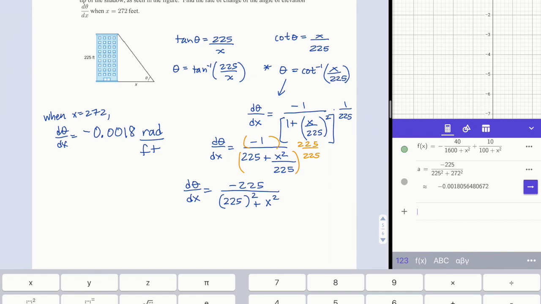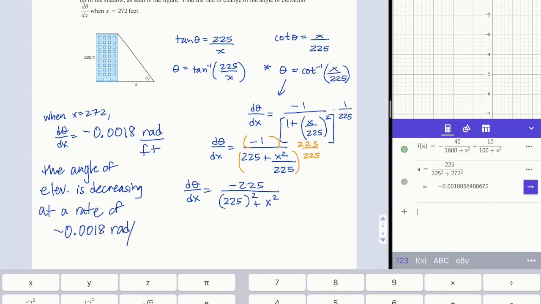So when x is 272 feet, the angle of elevation is decreasing at a rate of 0.0018 radians per foot.